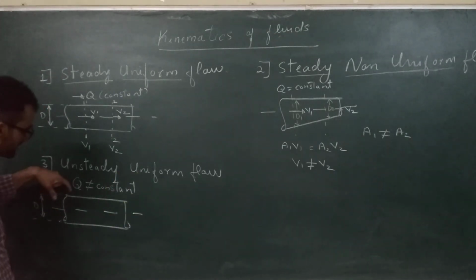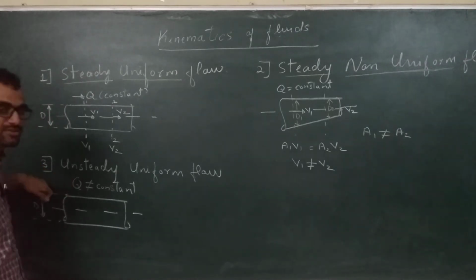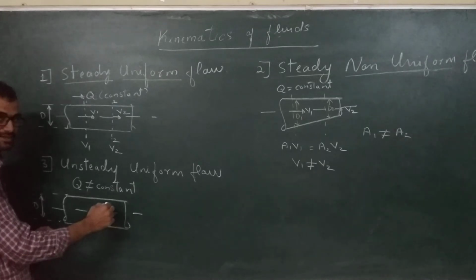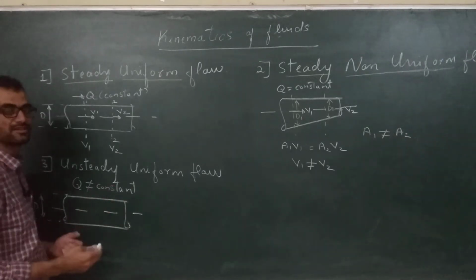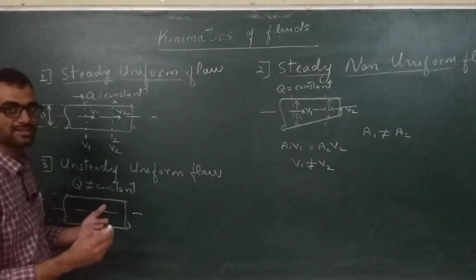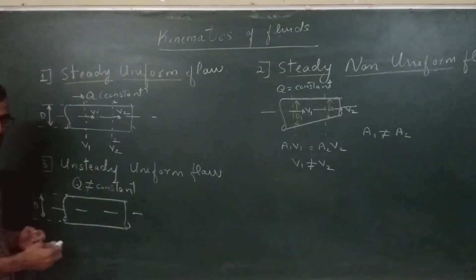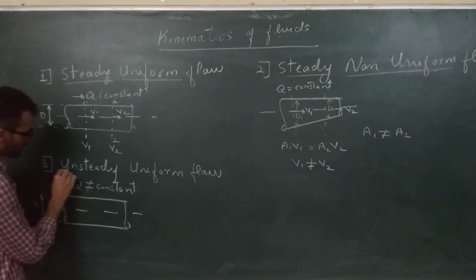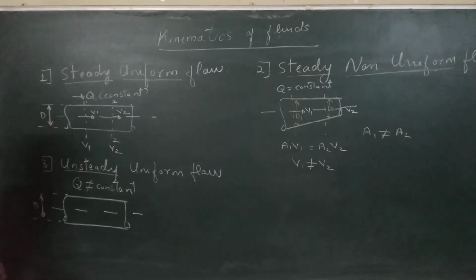If you have a valve which is controlling the flow, you change the valve continuously. So at every instant, your volume flow rate will change. Sometimes you will get 4 liters per second, sometimes you will get 6 liters per second. So your volume flow rate will keep on changing. So the flow becomes unsteady.